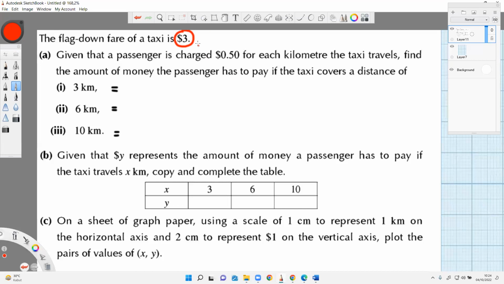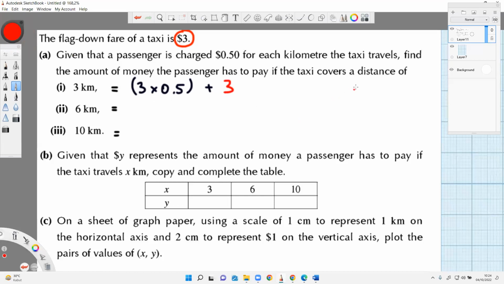So this is the fixed amount. For 3 kilometers, you need to multiply 3 by each kilometer. But is this all? No. You have to add the flag down fare that you need to put. The flag down fare is 3 and it is constant.